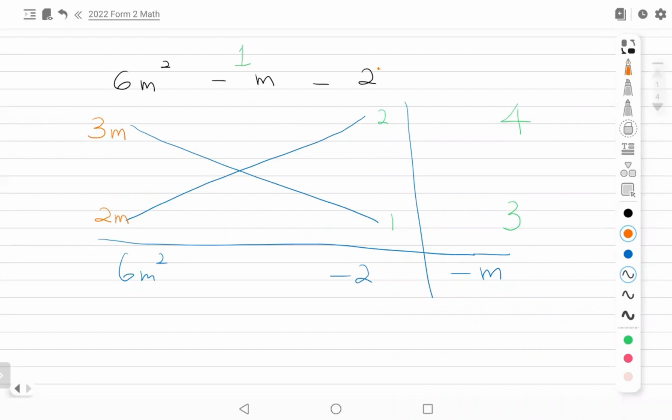Okay. Then we follow the line again. So this one is 4m, this is 3m. So step 3, what are the symbols? Is it positive 4m minus 3m or negative 4m minus 3m? How to insert the symbol in front of 4m and 3m so that when we sum up, it becomes negative m?